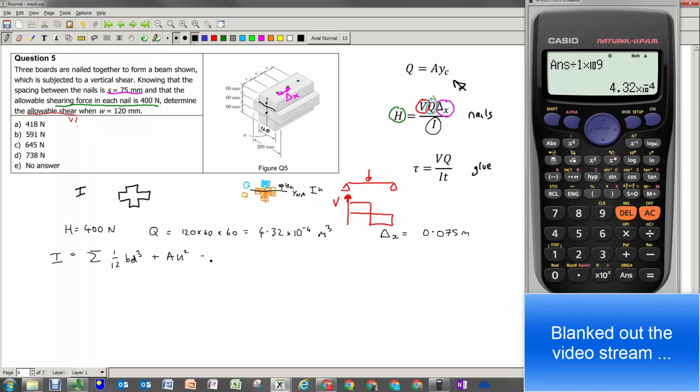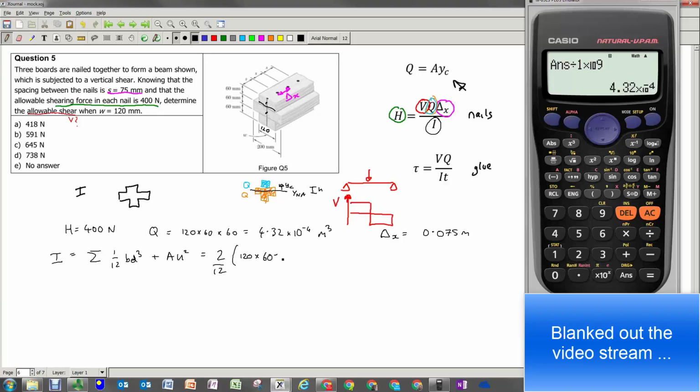Here we're looking for the distance from the neutral axis to the particular sections that we're dealing with. So we're not just dealing with the section we're trying to shear away. We also potentially have Ah squared for the middle section. Now, since the middle section is bang in the middle, we end up with h equals 0.